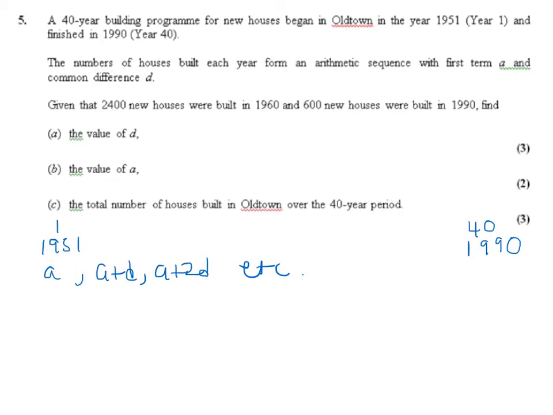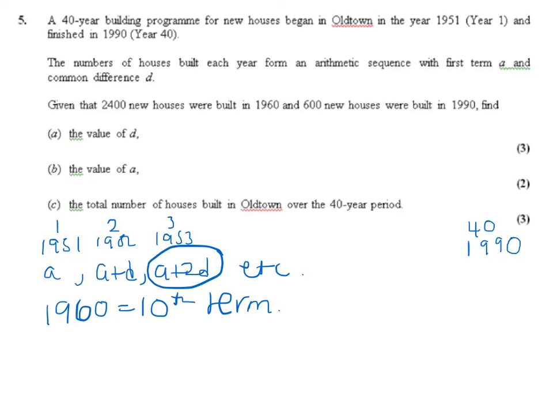So we need to know what term in the sequence is 1960. Well, if we carried this on, the second term would be 1952, third term 1953. So therefore 1960 is the 10th term. In terms of A and D, because the third term is A plus 2D, the 10th term would be A plus 9D.